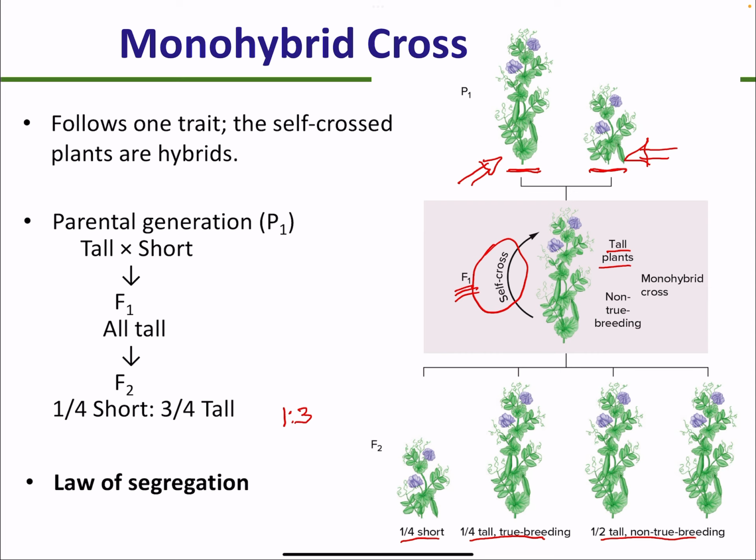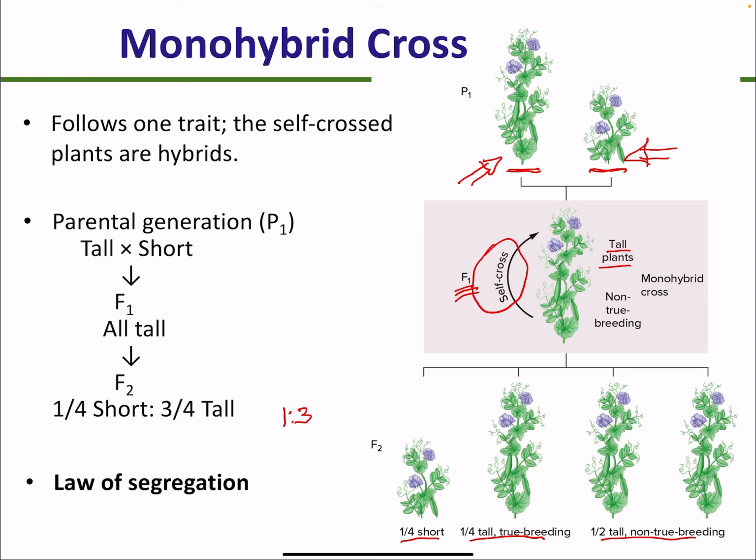Now, he tried to characterize all of this, and he came up with the idea that, wait a minute, in the first generation there is not one single short plant. However, in the second generation there is 1 short plant out of 4. How can we explain this?